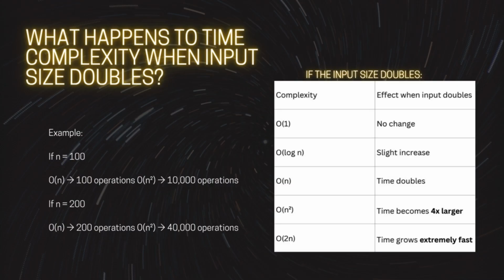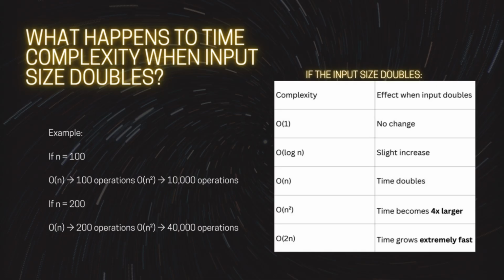So what happens to time complexity when input size doubles? If the input size doubles, I'll show you the complexity. First, O of 1 or constant time, this means the time does not change even if the input gets bigger. Next is O of log n or logarithmic time.